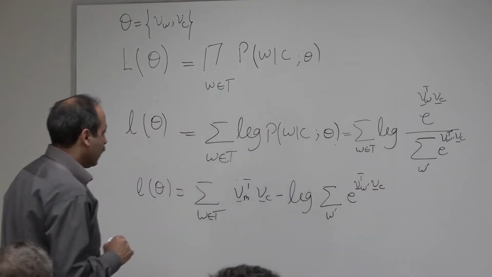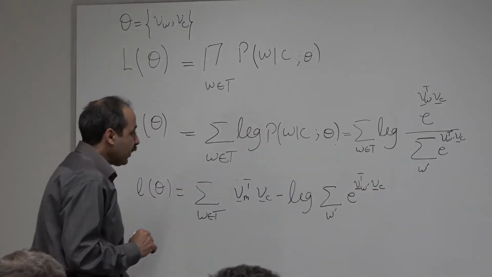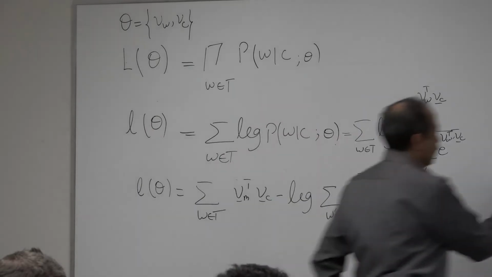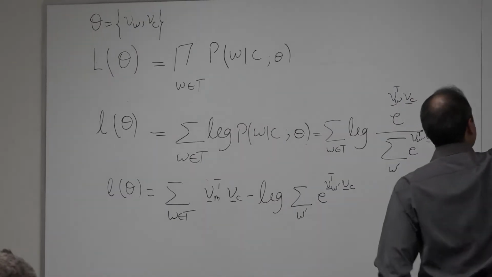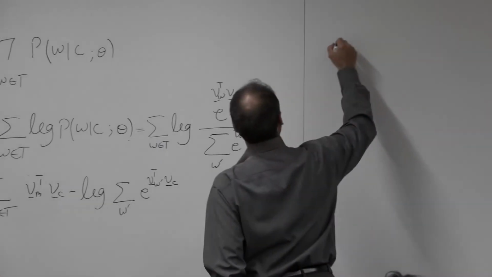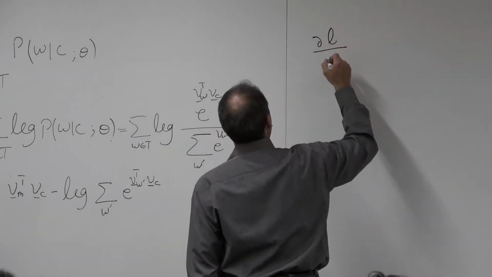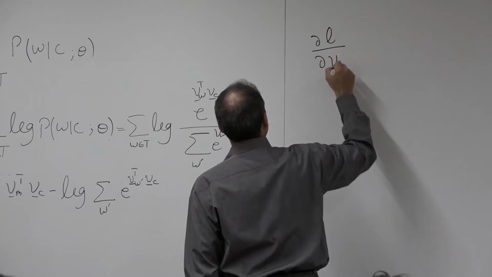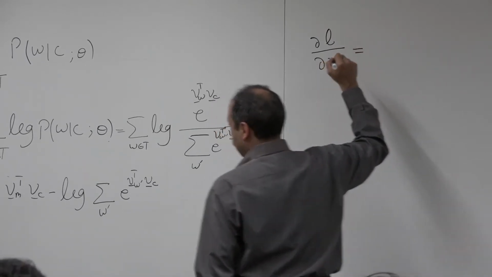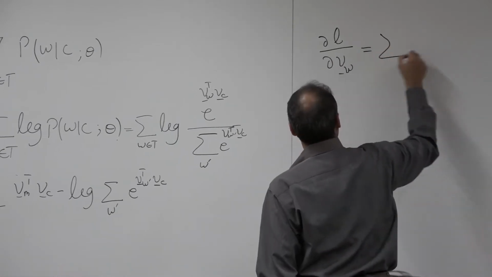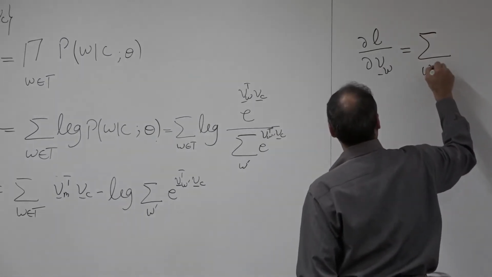Okay. So now I can take the derivative of the log likelihood with respect, say, to Vw. It is a sum over W.